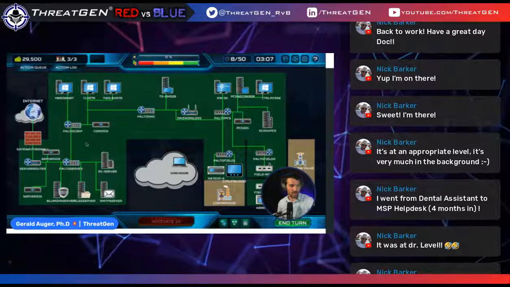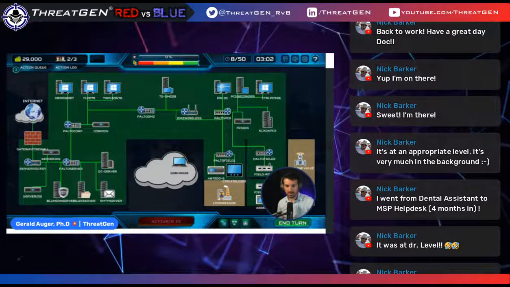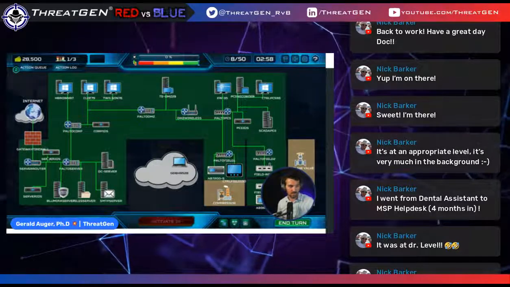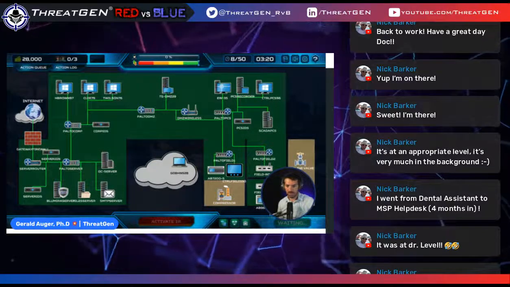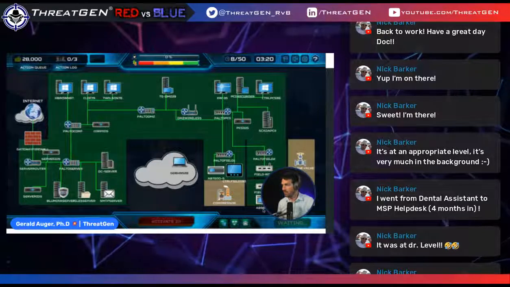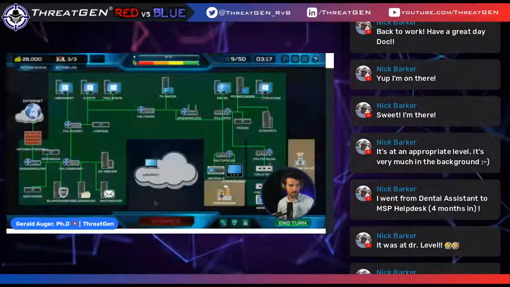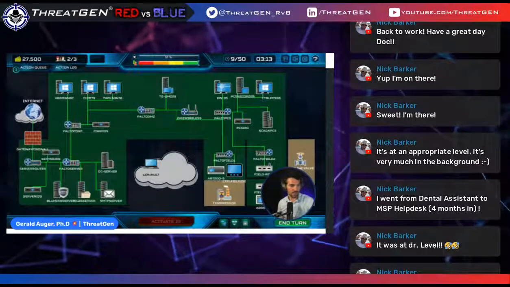Ooh, install EDR. Let's put EDR on these critical juncture points right here. Okay. Terminal server. Entry points into the environment. Let's put endpoint on this fella too.